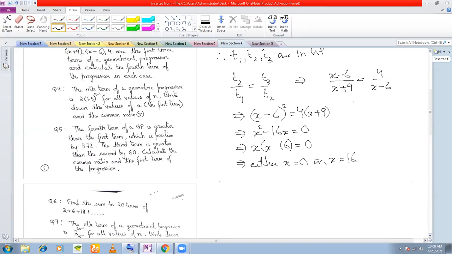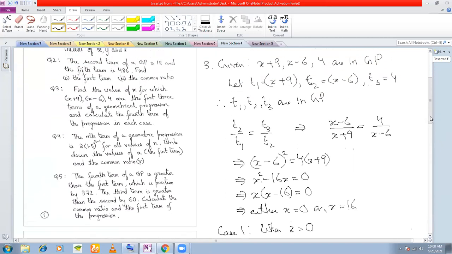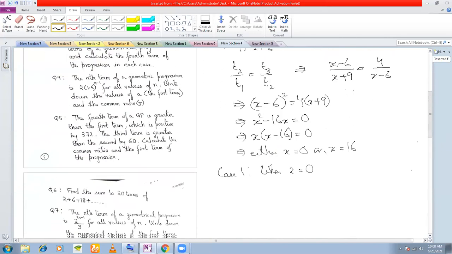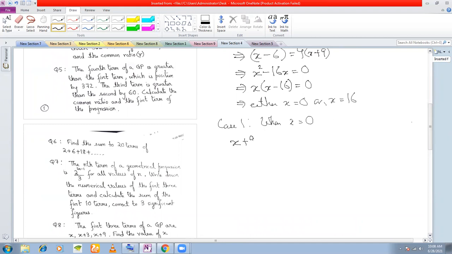So first case is case 1 when x is equal to 0. So what are the terms of the GP? X plus 9, x minus 6, 4 are in GP. That is, put the value here, 0 plus 9, 0 minus 6 and 4 are in GP. That is 9, minus 6, 4 are in GP. So this was case 1.